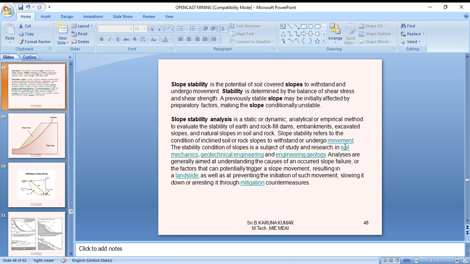The stability condition of slopes is a subject of study and research in soil mechanics, geotechnical engineering, and engineering geology. Analyses are generally aimed at understanding the causes of an occurred slope failure, or the factors that can potentially trigger a slope movement resulting in a landslide, as well as preventing the initiation of such movement, slowing it down, or arresting it through mitigation countermeasures.